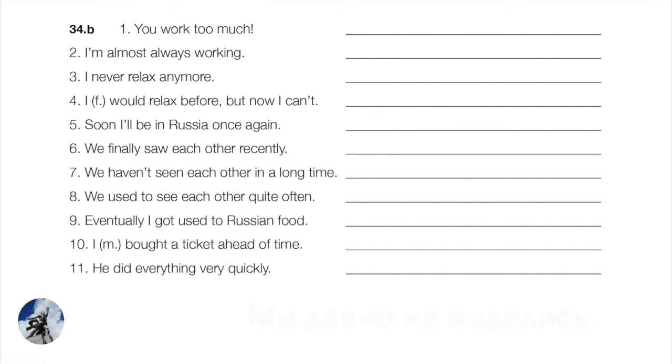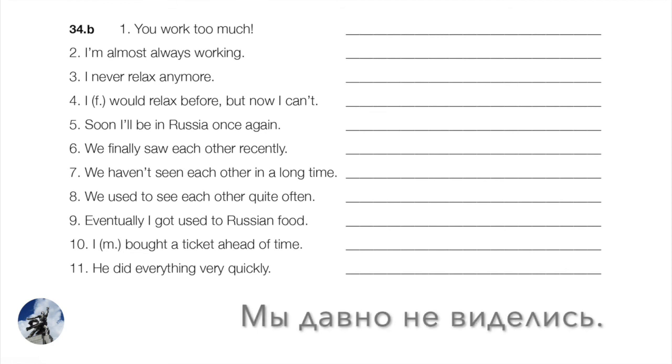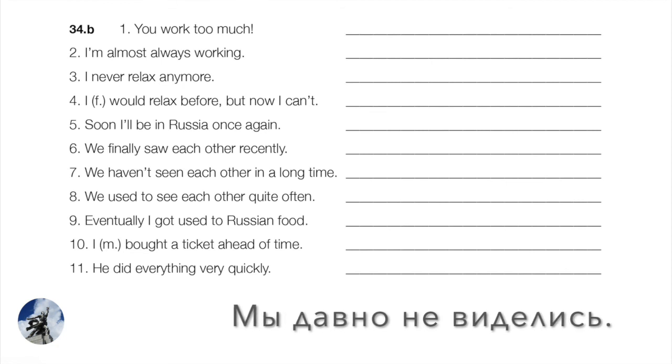Мы не виделись давно. Мы давно не виделись. Note давно means for a long time. Something has been happening for a long time now, as opposed to simply долго, which means just for a long time generally, expressing duration.